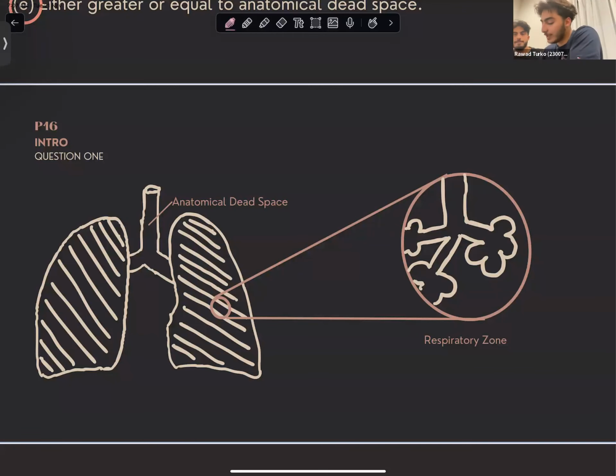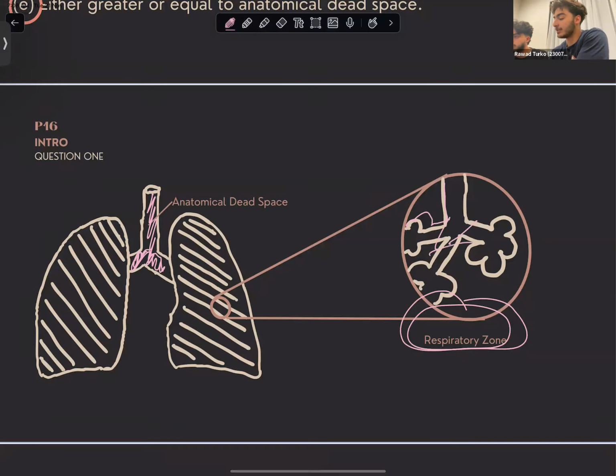So guys, let's say this right here is the anatomical dead space. Obviously there's no gas exchange happening in your trachea or your main bronchi. There's no gas exchange happening there, but there is gas exchange happening here. So this is your anatomical dead space and this is your respiratory zone, your alveoli. Now let's say you cut off ventilation to this alveolus and this alveolus.